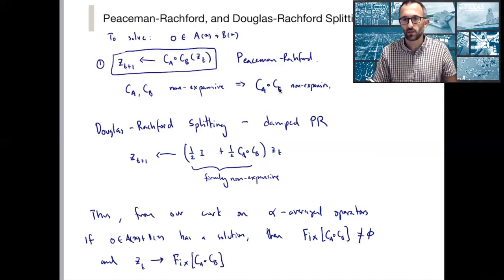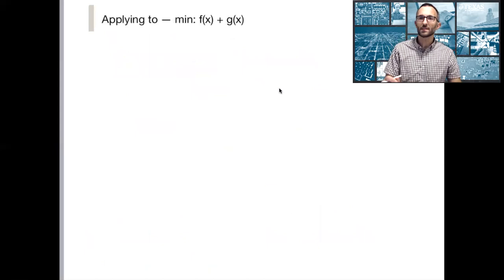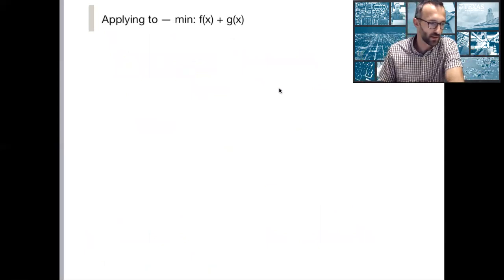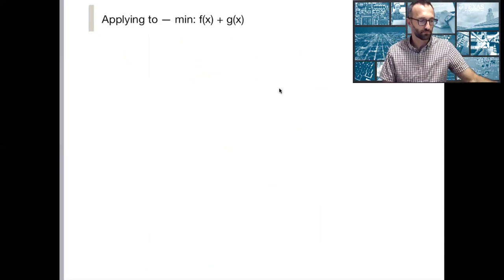And as we mentioned, the averaged operator is going to have the same fixed points, which is why we have this conclusion. Okay, so now let's go back and apply it to our canonical setting of interest.